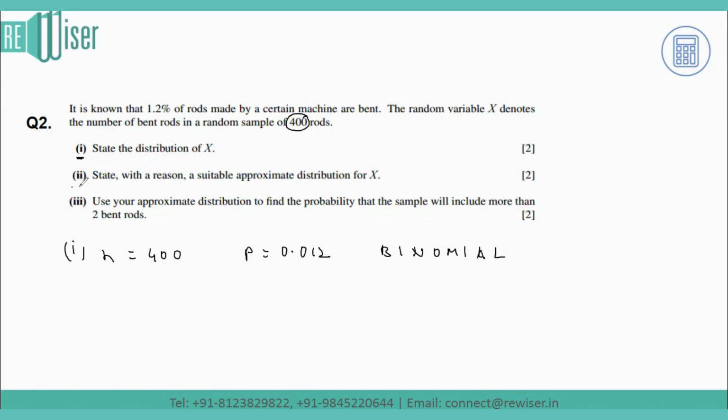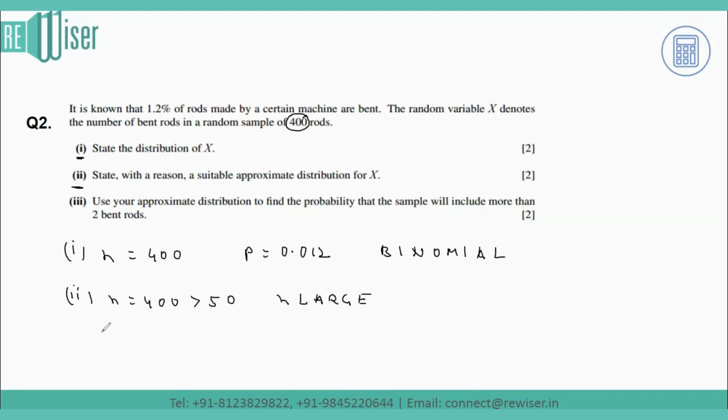If I move on to the second part of the question, they say state with a reason a suitable approximate distribution for X. Now, since n here is 400, which is greater than 50, we can say that n is large.